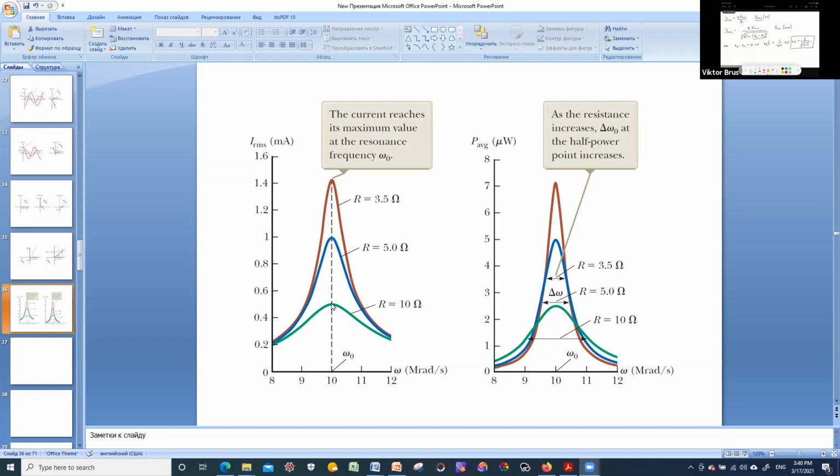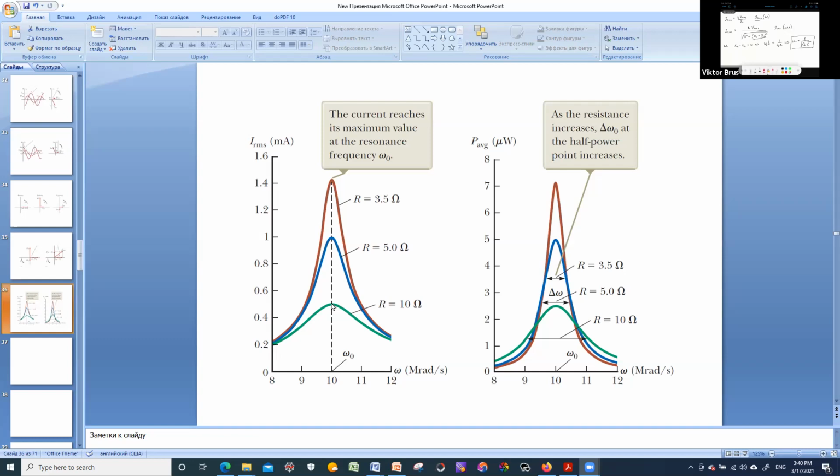What is interesting is that in the expression of this IRMS, we have delta V RMS divided by square root of R squared plus the square of the difference between XL and XC. So since XL minus XC is equal to 0, there is square root of R squared. And eventually we get just resistance in the denominator.